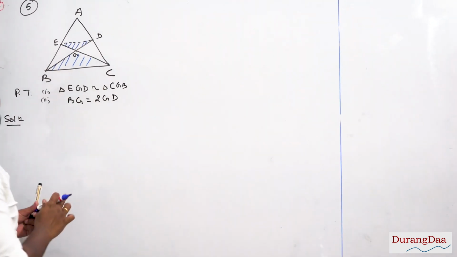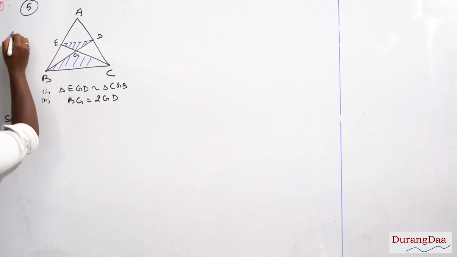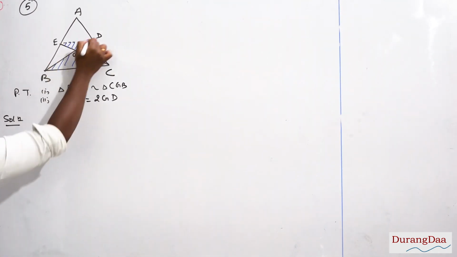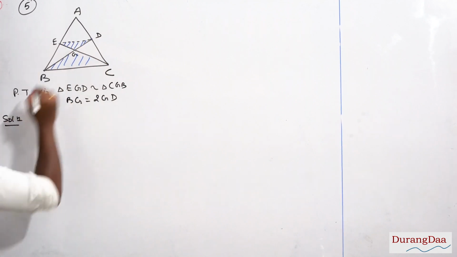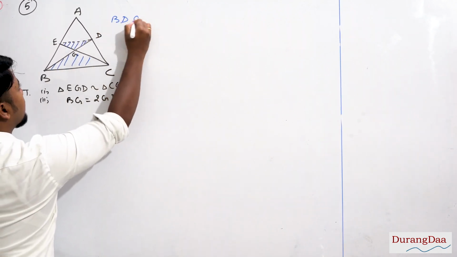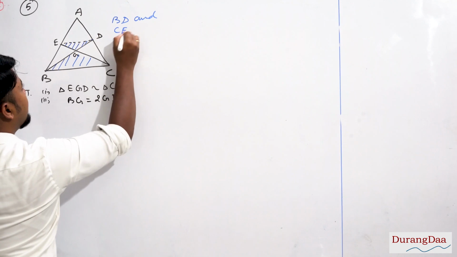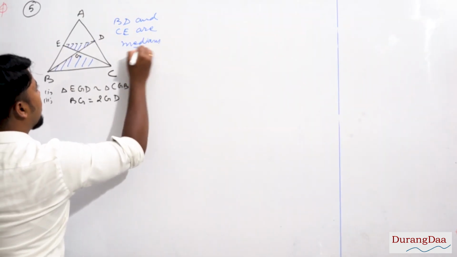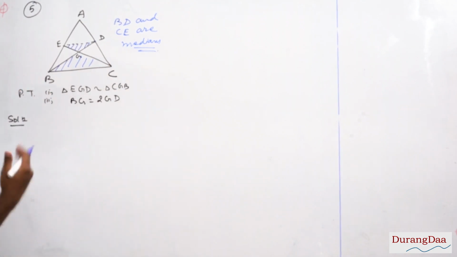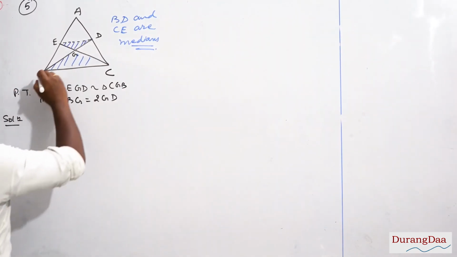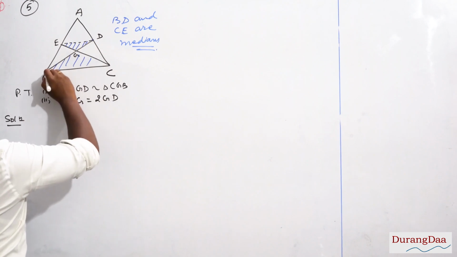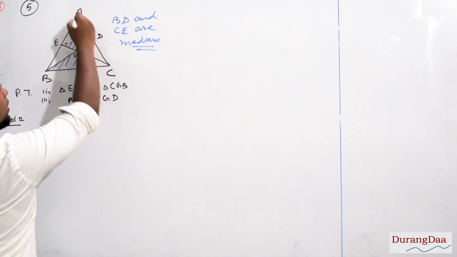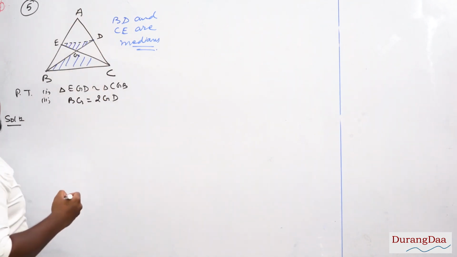Now it is given in the question that BD and CE are the medians. So BD and CE are medians. By medians we understand, already we are knowing, that medians are the lines which connect the vertex and the midpoint of the opposite side of the triangle.